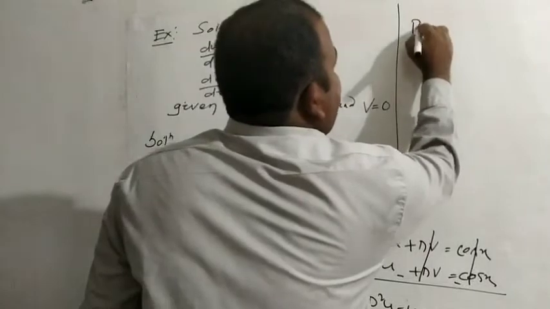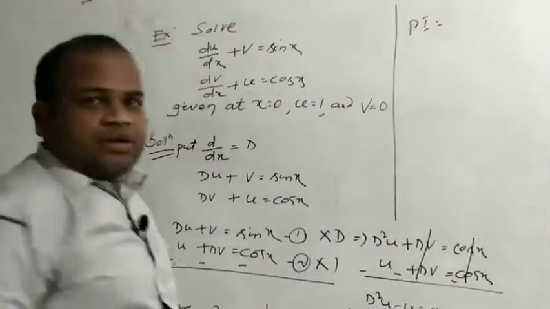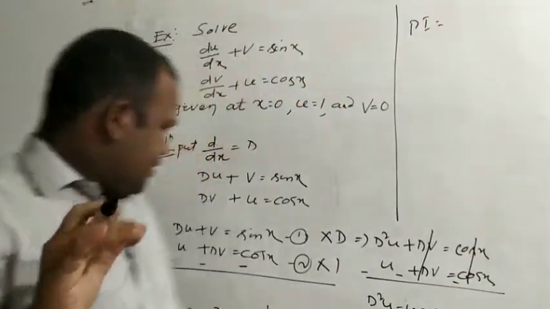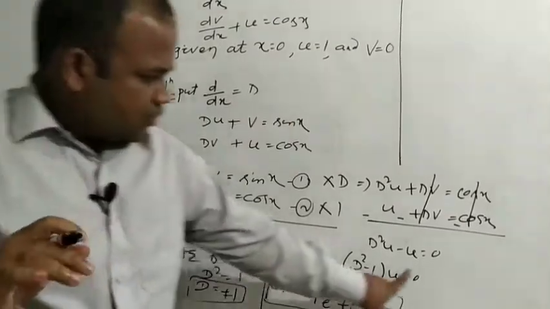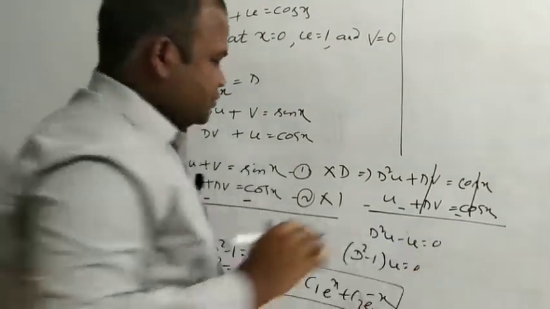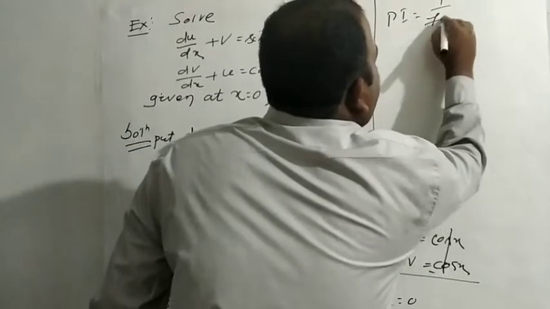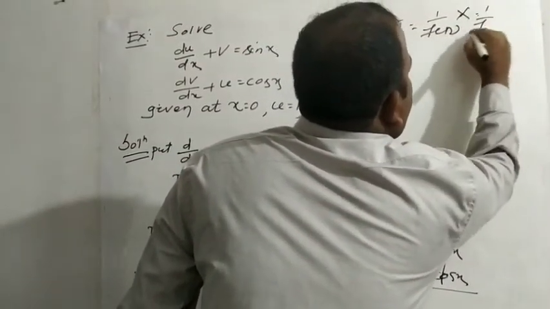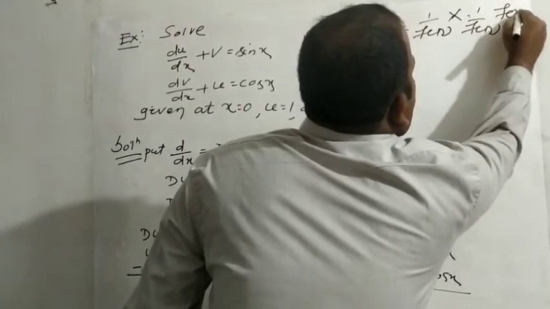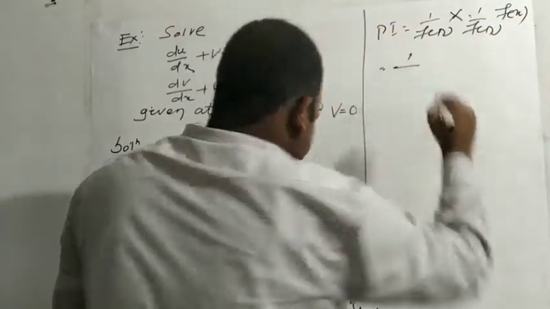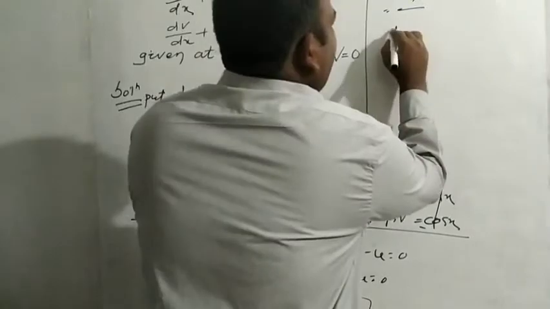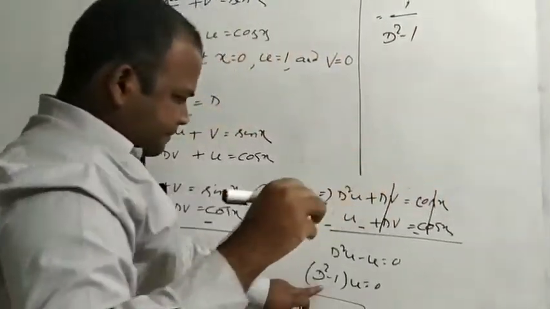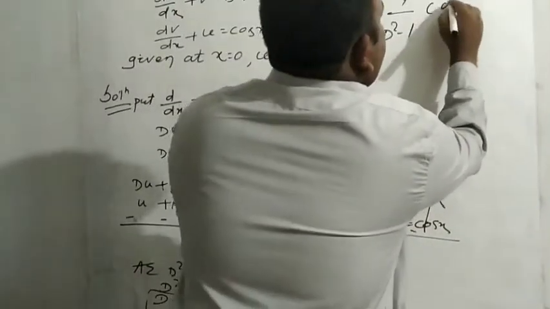Now we will find the value of PI. PI means 1 upon f of D into f of x. So 1 upon f of D means D square minus 1, into the right side, which is 0.